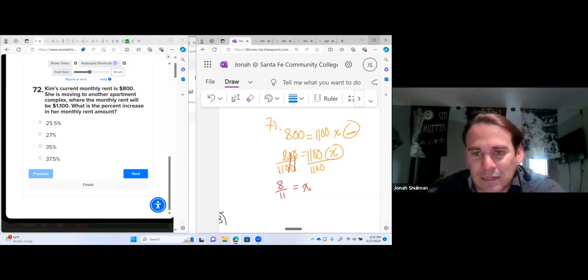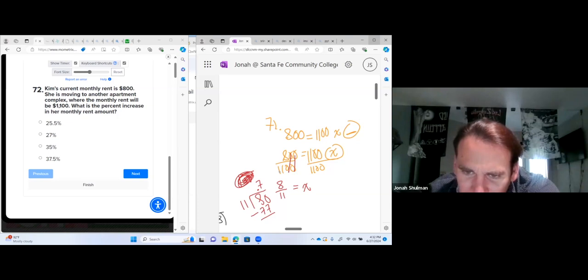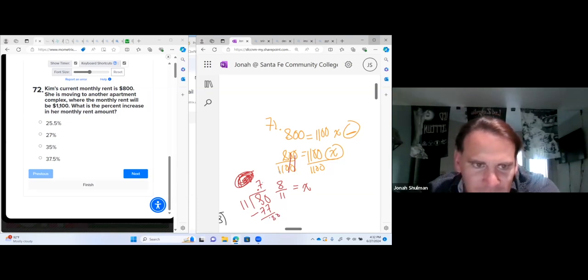So 8 divided by 11, which means I have the 8 over here, I got the 11 here. There's my decimal. So it's 7. And 80 divided by 11 is 7. So I got 0.72.